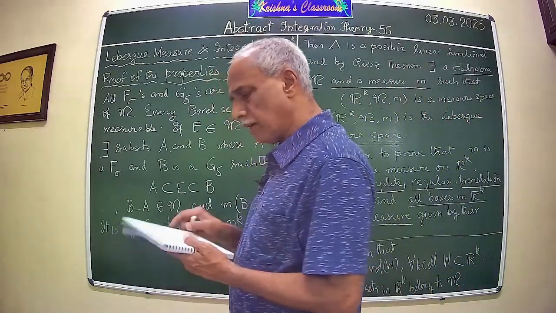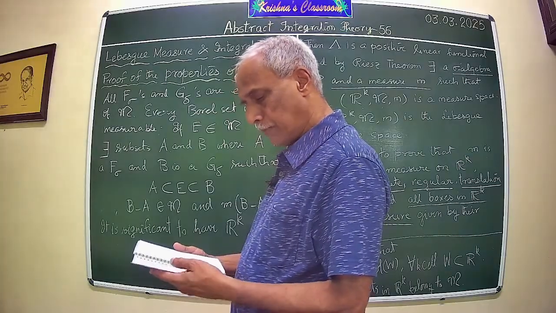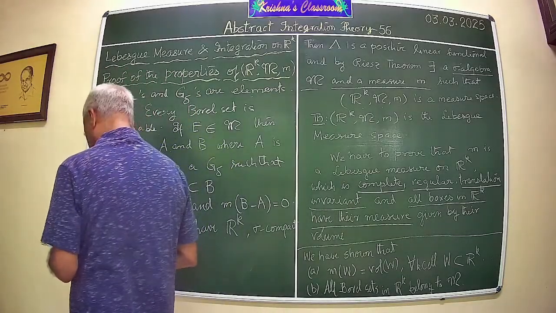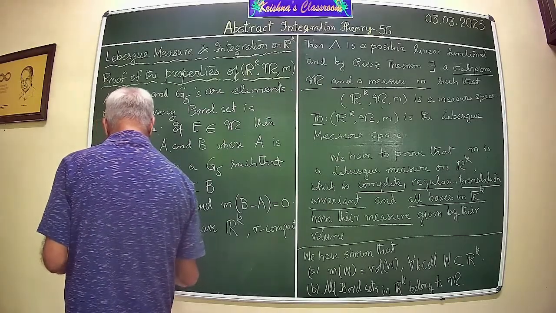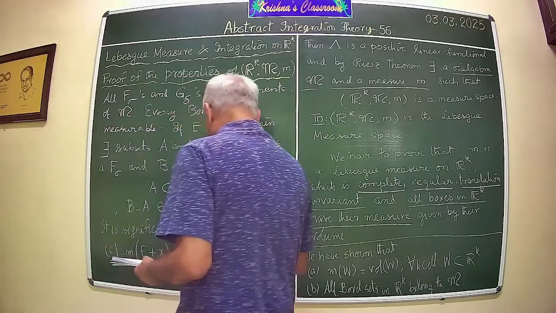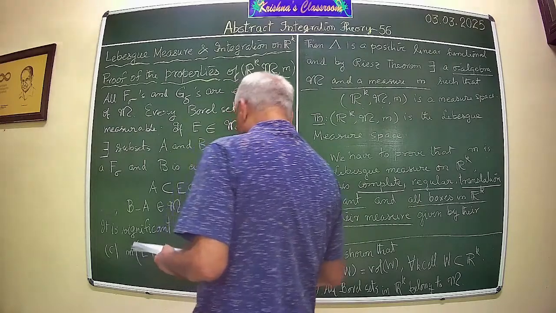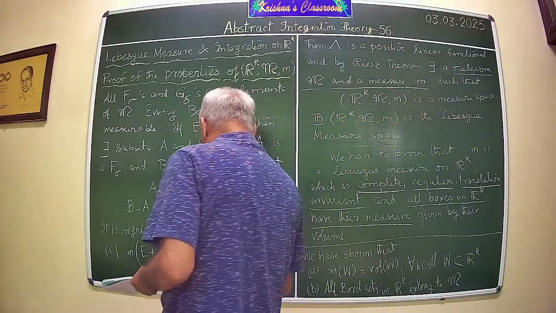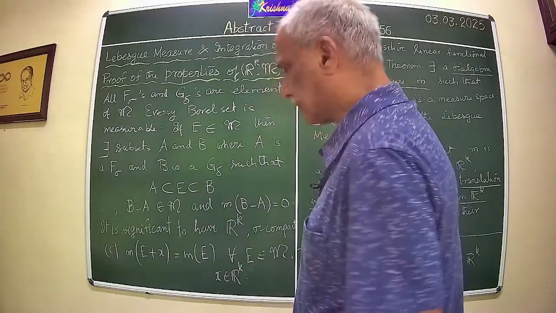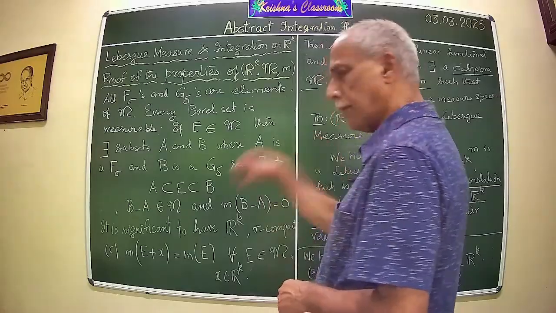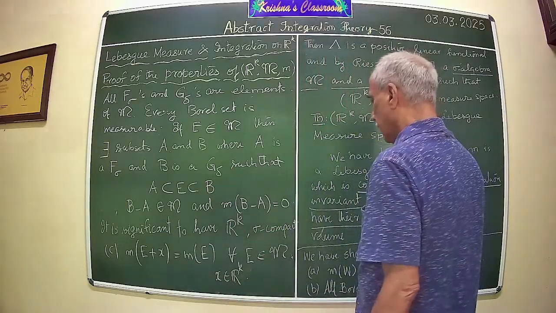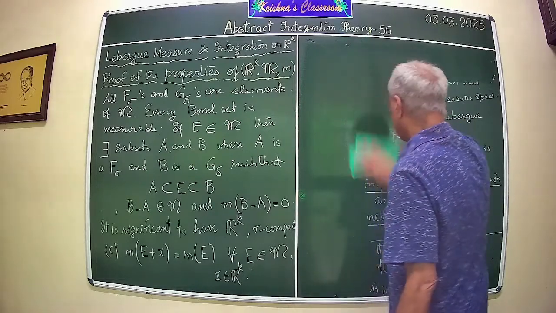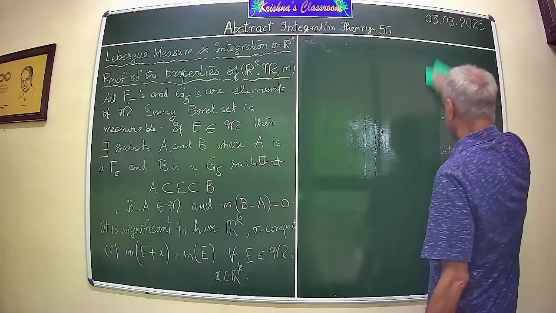Now what we prove is a crucial property, namely, C: the measure of E plus X equals the measure of E. So if you take any vector X in R^K, fix it, choose some measurable subset, an element of M, and then you take the translate of E through the vector X. Because you are in a vector space, you can translate. Every vector can be translated.